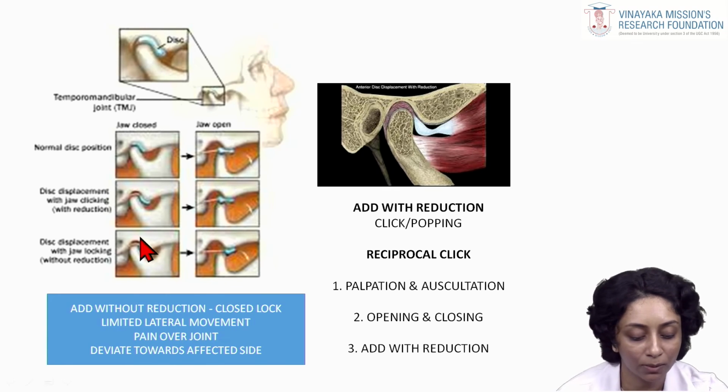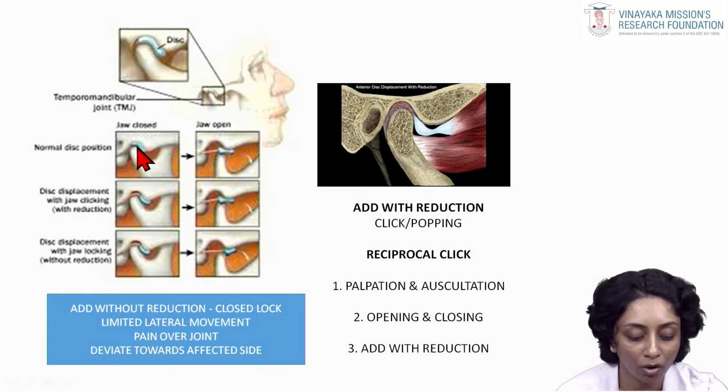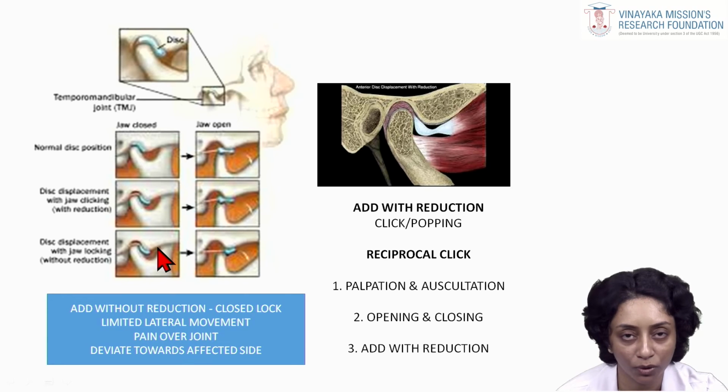In case of disc displacement, that is with jaw locking or without reduction, the normal position where the articular disc is supposed to be between the condyle and the temporal bone is moved ahead in the resting position itself. The posterior zone of the articular disc is coming in front on closure. So this much gap is reduced in case of disc displacement without reduction.